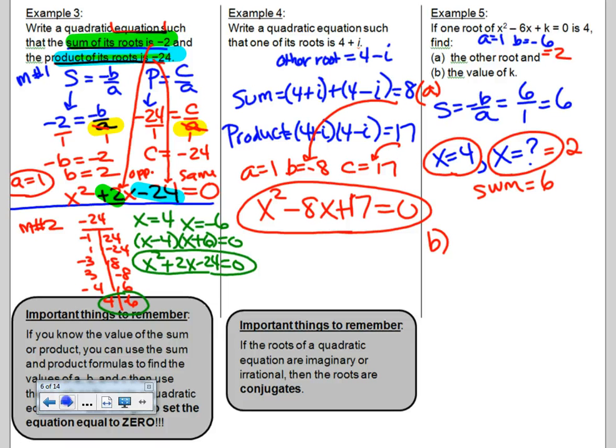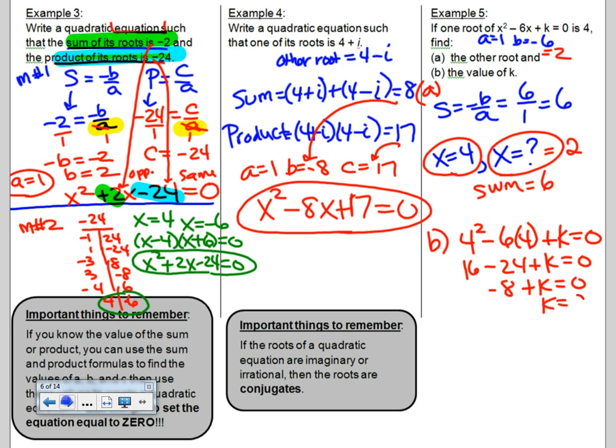You can do what I just showed you and take the 4, plug it in for x like this. And you get that's one way to do it.